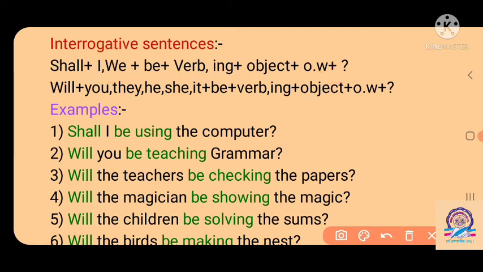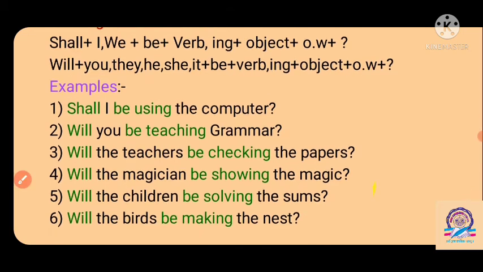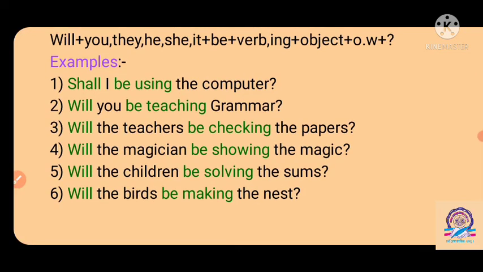And if the subject is you, they, he, she, it, a singular noun or a plural noun, then at that time we have to keep will first, then subject, then be, then verb ing, then object, then other words, and last we have to keep the question mark here. So for making the interrogative sentence we have to keep will and shall first, and last we have to keep the question mark.